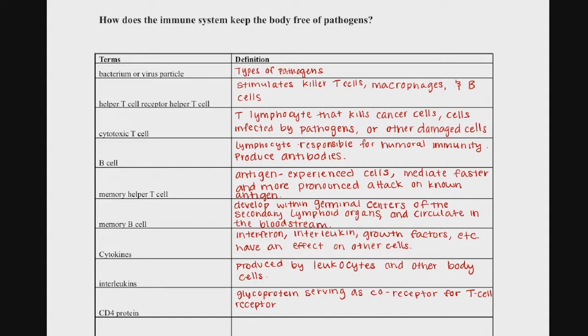So what this is, it's found on the surface of immune cells like T helper cells, monocytes, macrophages, dendritic cells. It just helps for being a receptor of different kinds of pathogens that could infect our bodies.